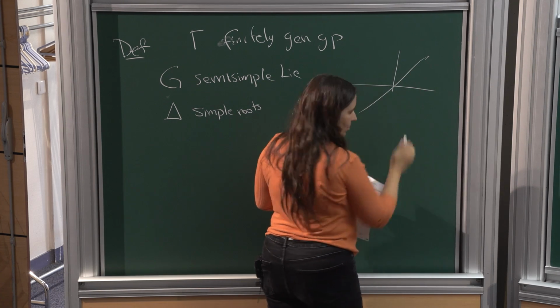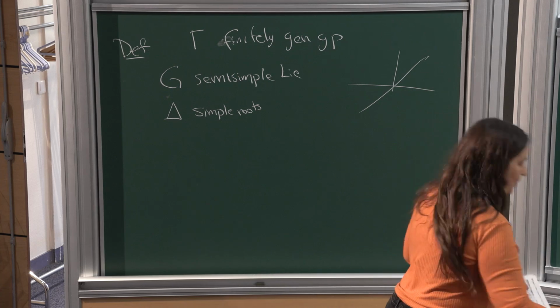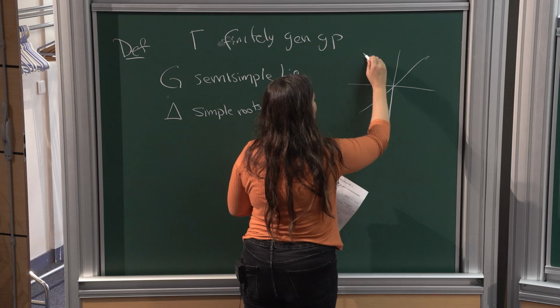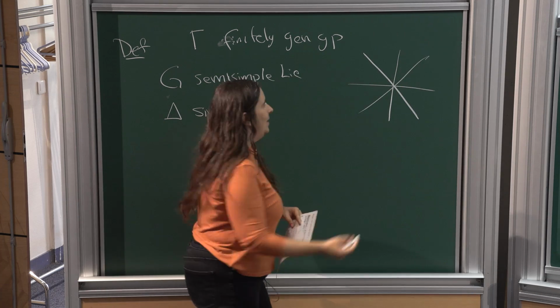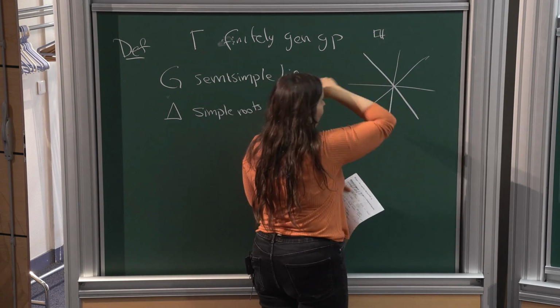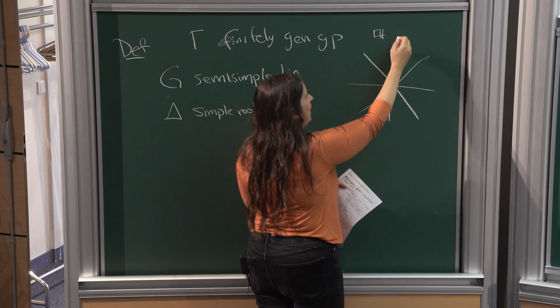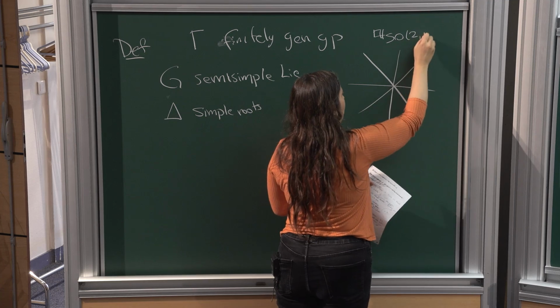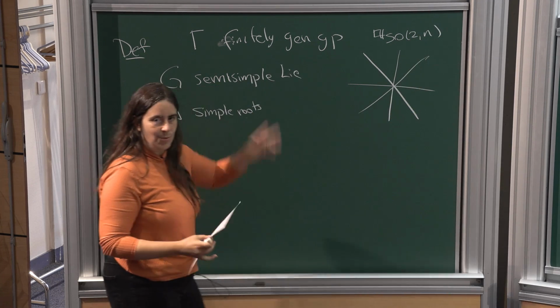Maybe let me draw for once. I changed my picture. Now I have 4 lines, and this is the maximal flat subspace of SO(2n). It's another Lie group, the orthogonal group.